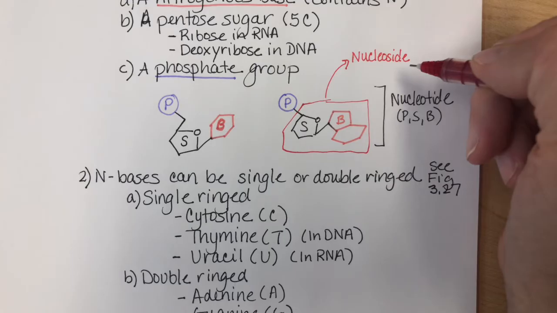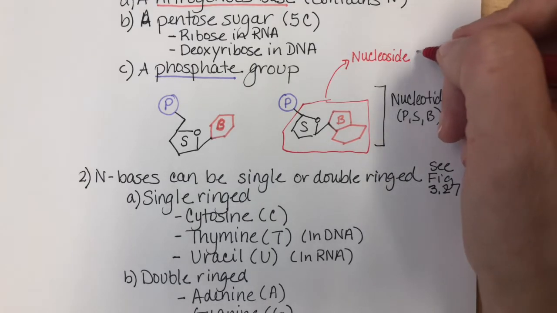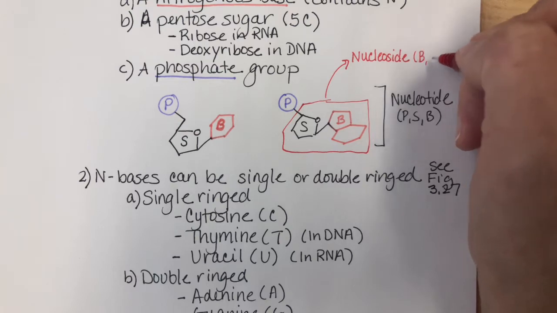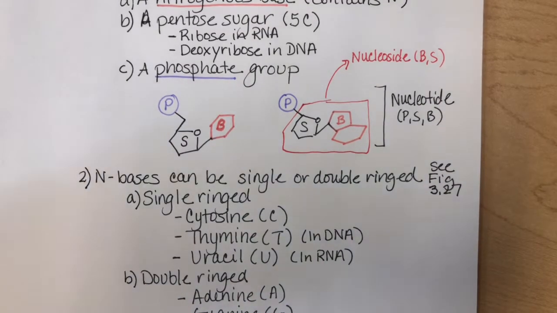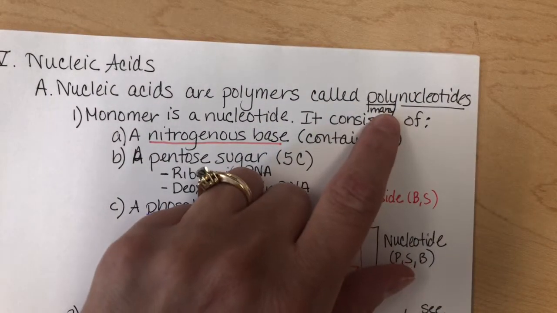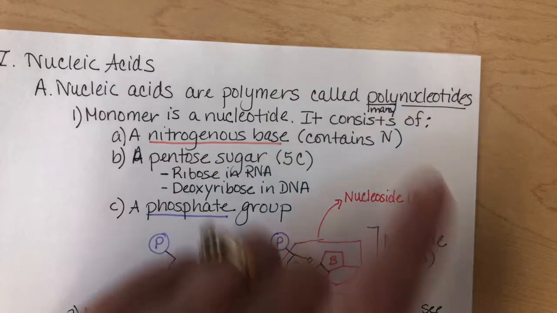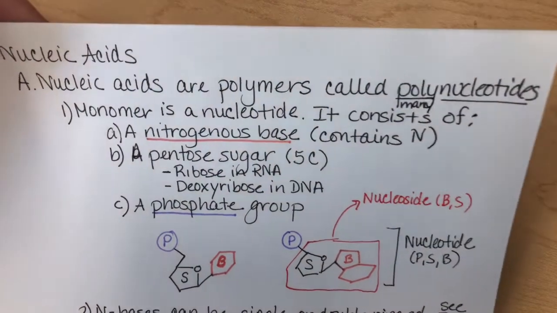A nucleoside is just the base and the sugar. All right, base and sugar. So the nucleotide is phosphate, sugar, and base. Okay, so a polynucleotide, which DNA and RNA are made up of many of these, hooked together.